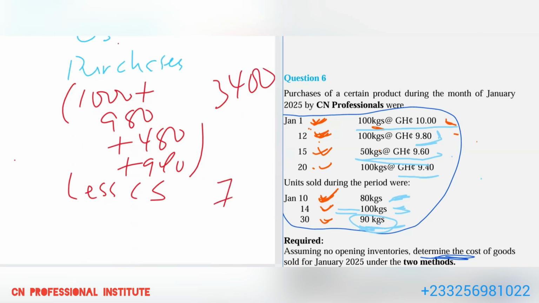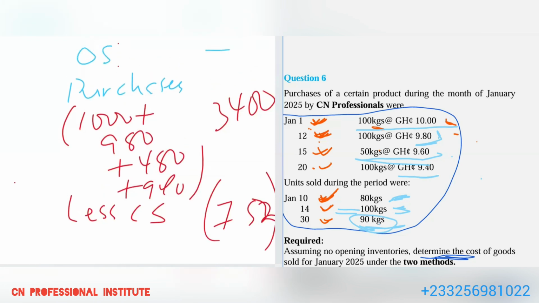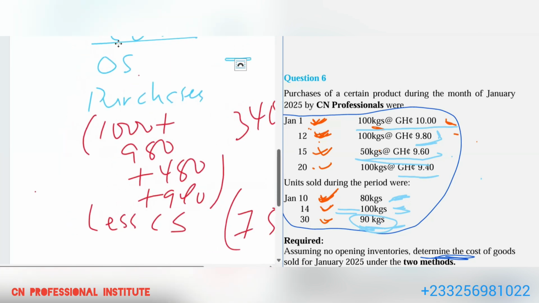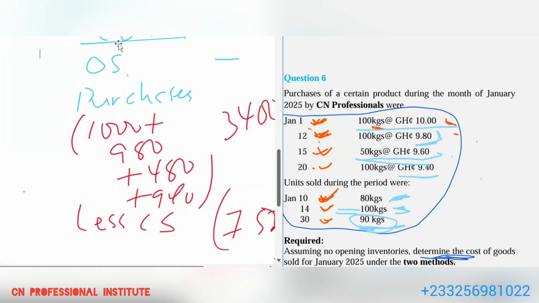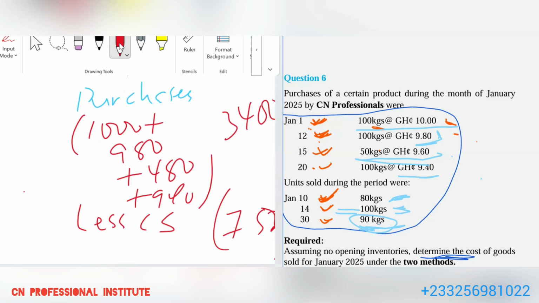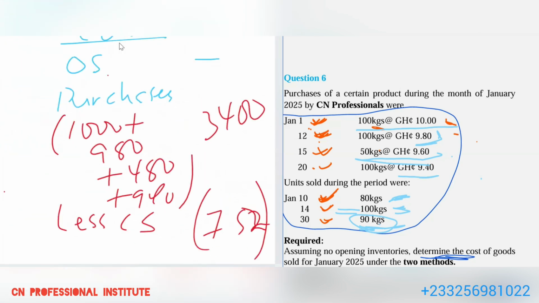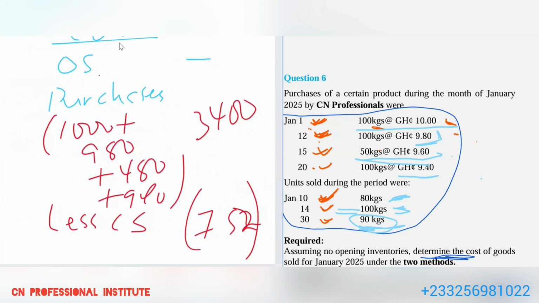Don't forget, we less it. The formula for cost of sales is opening stock, and we said there's no opening stock, then purchases, we sum all the purchases in the question. We got 3,400. Then closing stock 752.